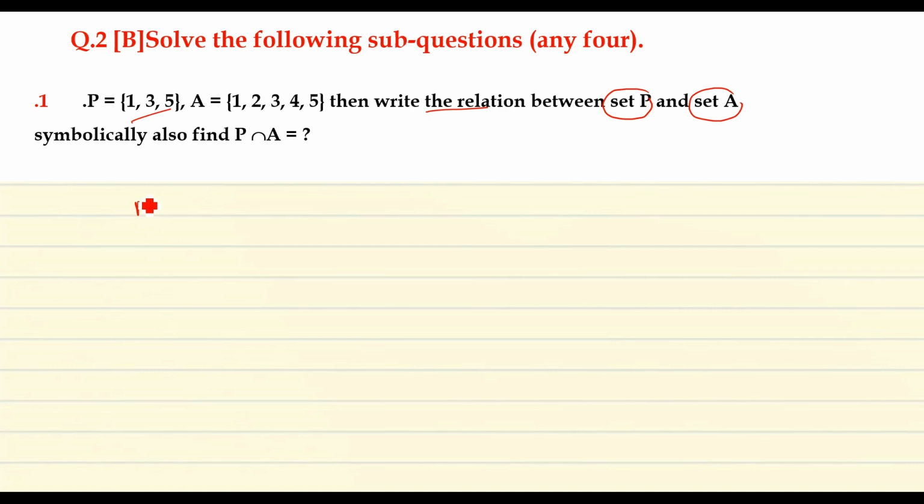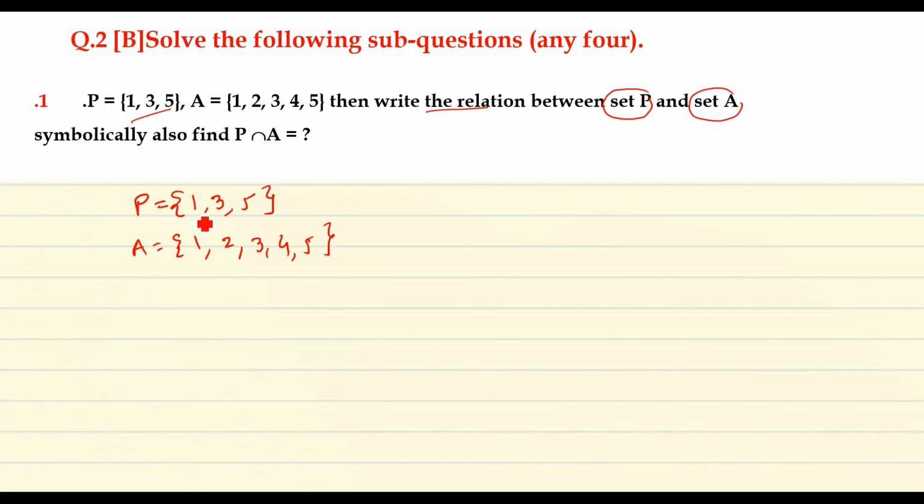First, according to the given information, I will write set P. Set P contains 1, 3 and 5, while set A contains 1, 2, 3, 4 and 5.